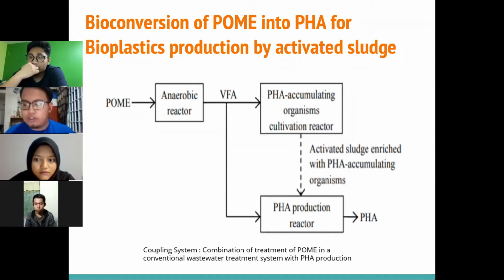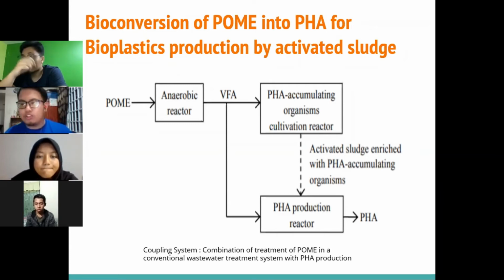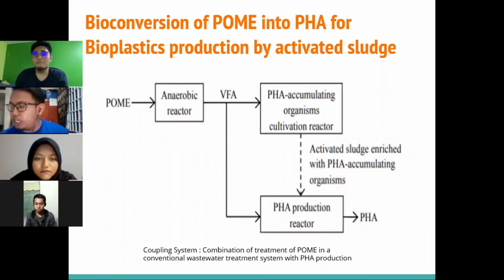However, the amount of organic acids produced during anaerobic treatment was low and not enough to be used as raw materials for PHA production. To solve this problem, the concentration of organic acids obtained was increased by evaporation. And finally, the concentrated acids were used as fermentation feedstock in a fed-batch culture of Alcaligenes eutrophus for PHA production.